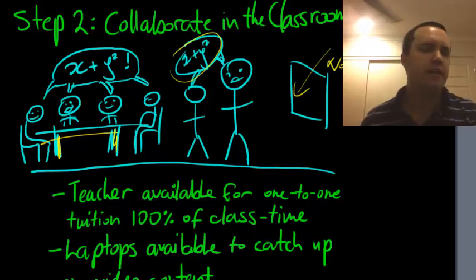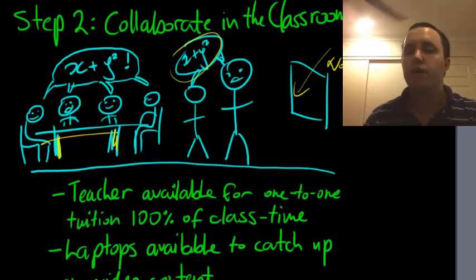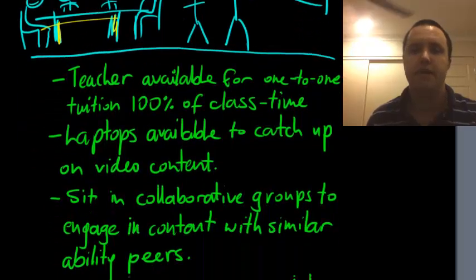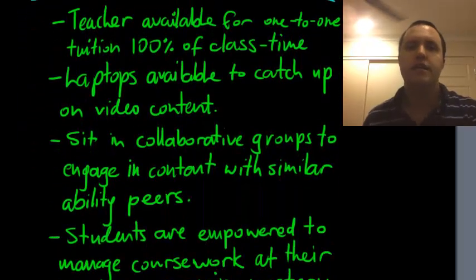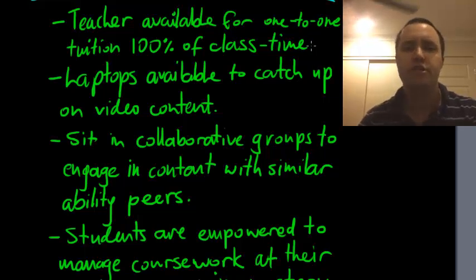If you look here on the whiteboard, there is nothing up there. With this flipped teaching, I hardly ever draw attention to the board and make everyone be quiet so they can listen to me go through something. That might sound weird, but it works really well. Some of the great things about the collaborate in the classroom step is the teacher, me, is available for one-to-one tuition 100% of the class time.